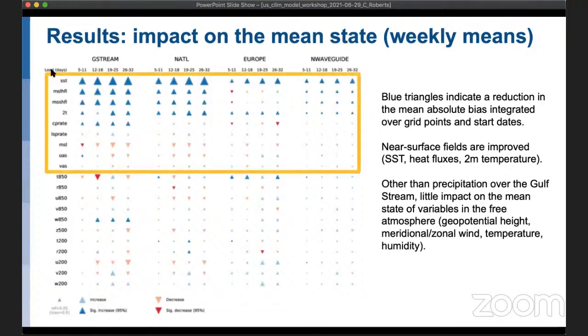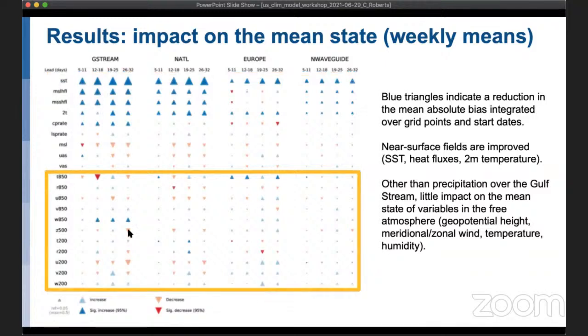So you can see that the improvements to the near surface fields are fairly clear at all forecast lead times, particularly in the Gulf Stream region. However, other than the changes to the vertical velocities and the convection actually over the Gulf Stream, the impact on the upper atmospheric mean state is extremely limited.